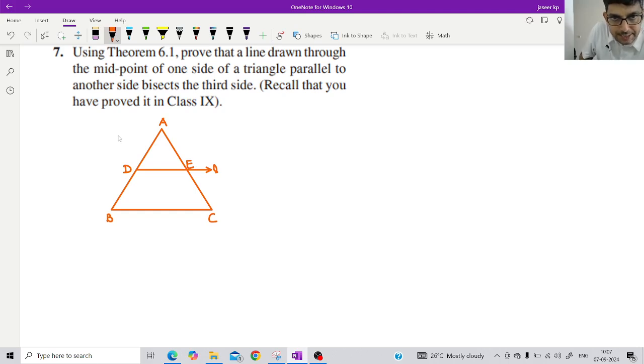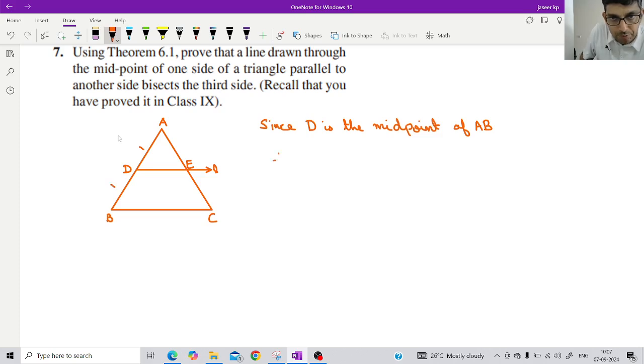Since D is the midpoint of AB, the ratio of AD by DB will be 1:1.